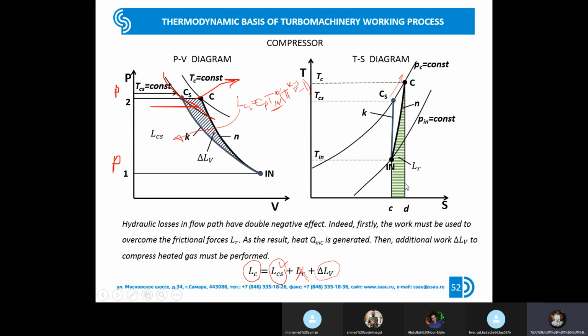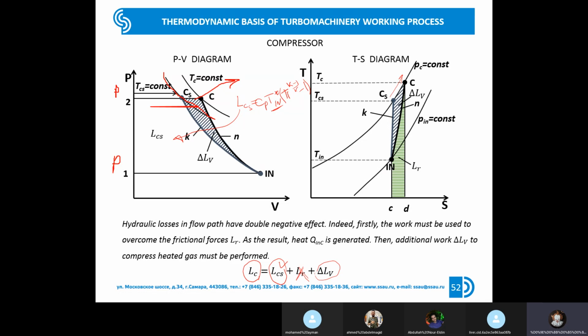That's why this green area is the supplying heat, and the source of supplying heat is the losses. That's why we find the losses here. The delta LV, the additional work to compress more heated gases, like in the case of the PV diagram, is equal to the area of the triangle in CSC, the blue one. It's the additional work for compressing more heated gas in the compressor.